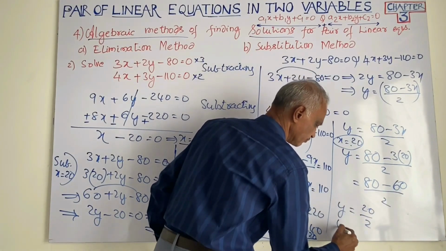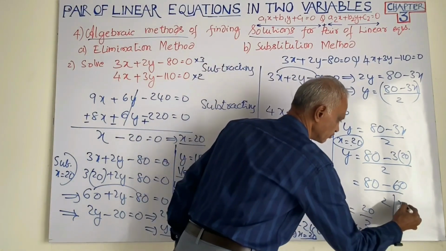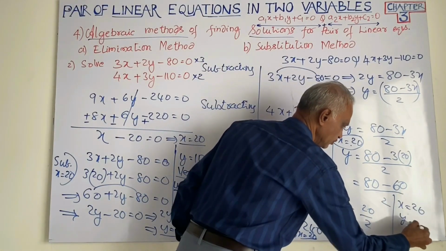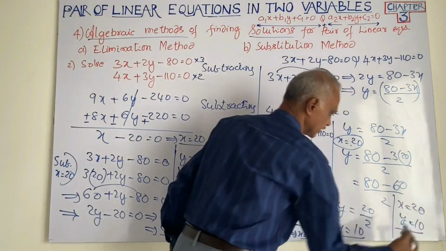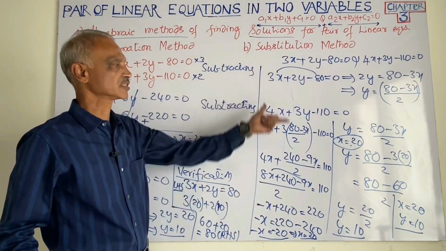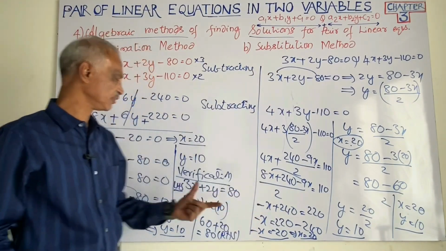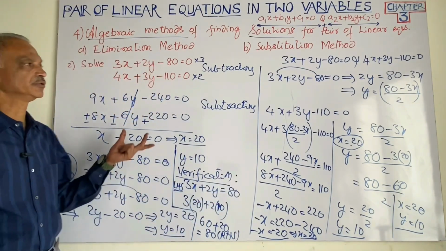What is the value of y you are getting? 10. You got x is equal to 20 and y is equal to 10. You got x is equal to 20 and y is equal to 10 from the substitution method. You can verify like this. Verification. Like this you have to do the problems.